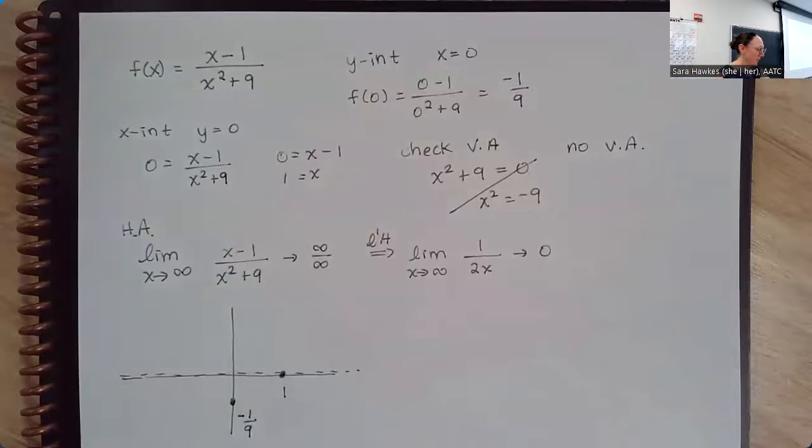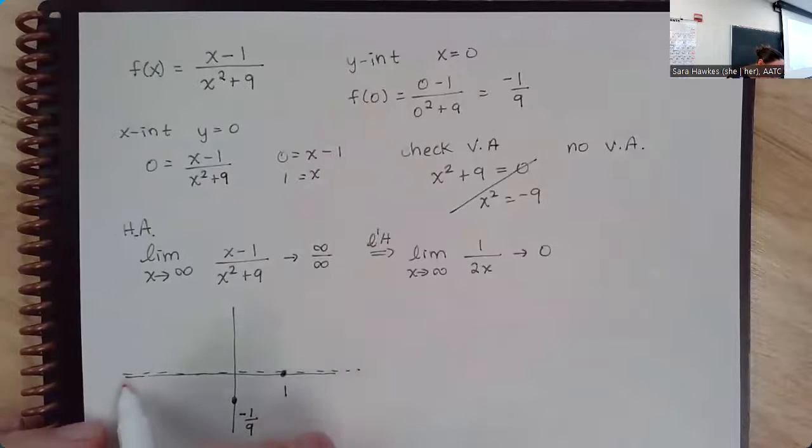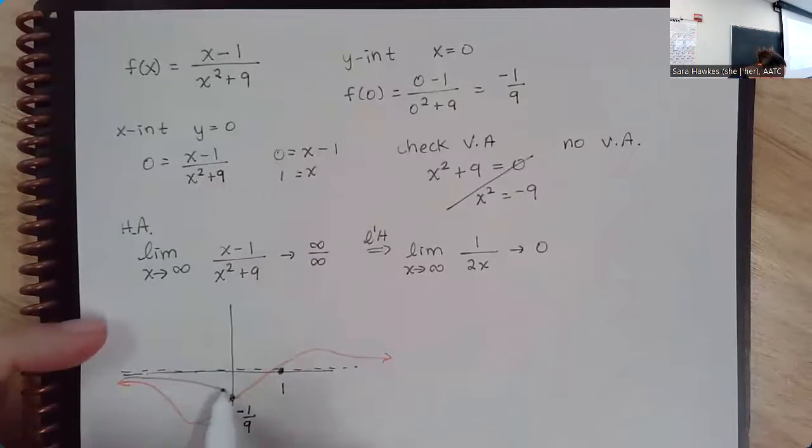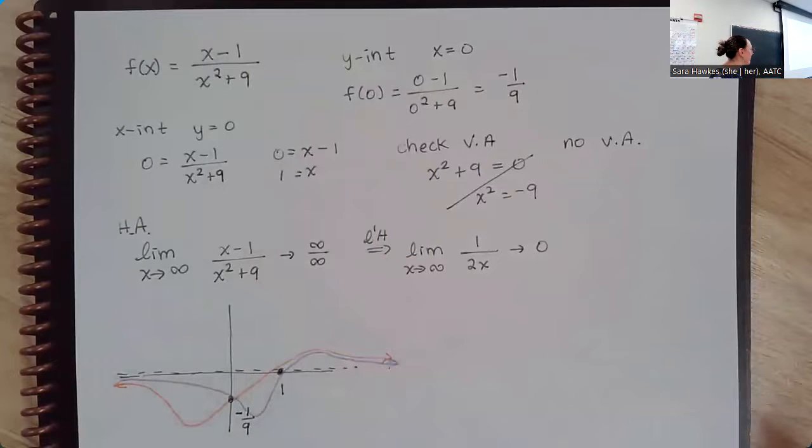But at this point, I know it either looks like this or like this. That's the only way I can go through those points and get to those intercepts and get to that horizontal asymptote. So it's got to be one of those two. Let's do some calculus to figure out which one it is.